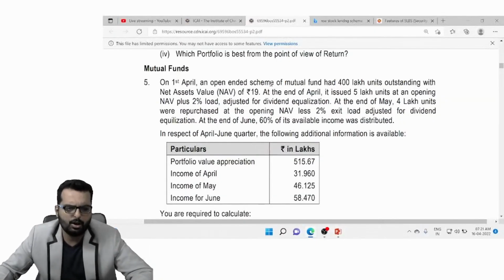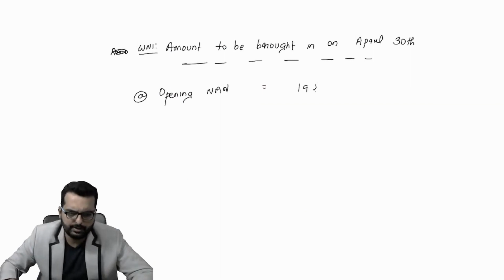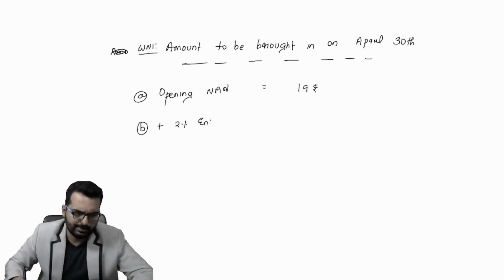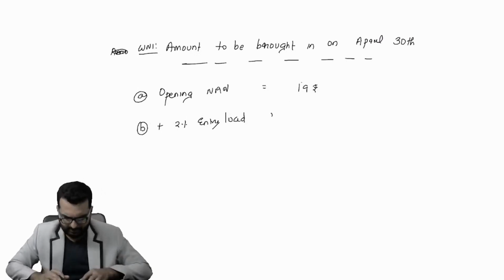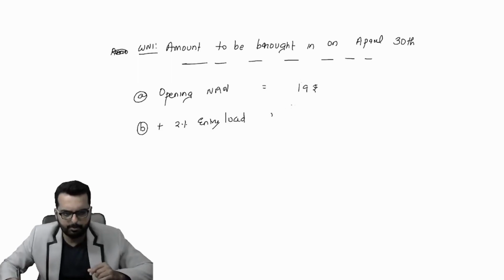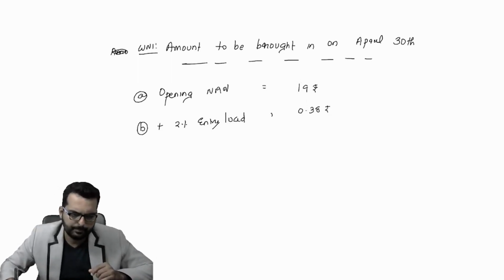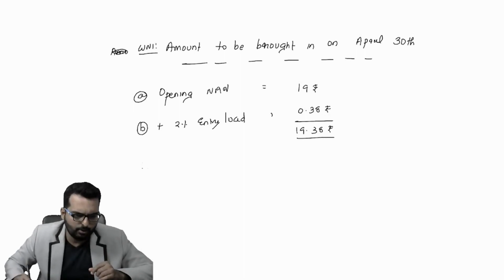So now tell me, how much is the opening NAV? 19 rupees. Add 2% entry load. So how much is 2% on 19 rupees? That will be 0.38 rupees. So do I get the answer as 19.38 rupees?